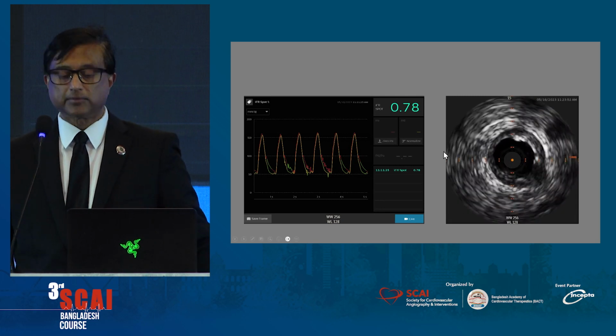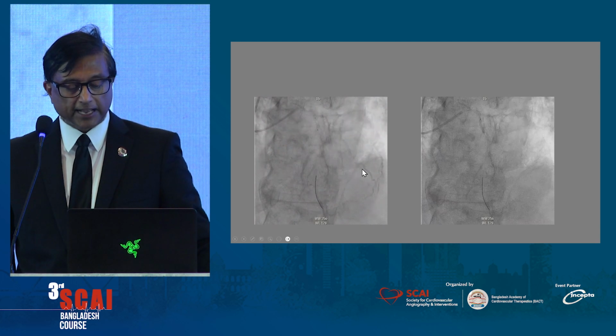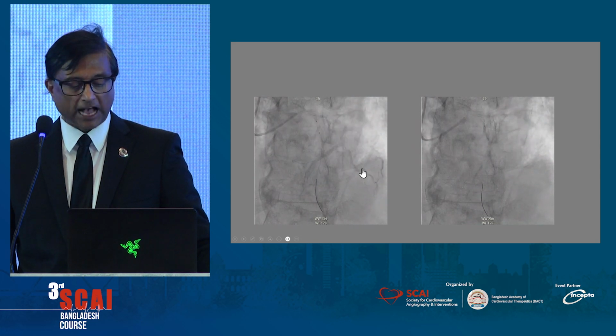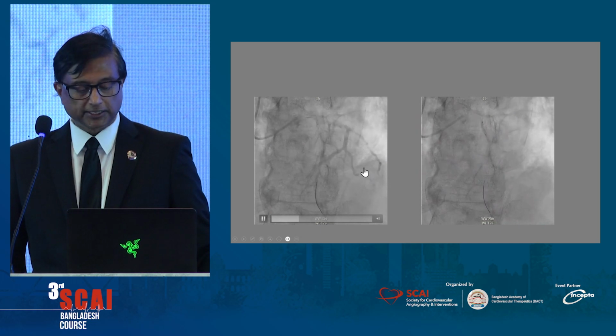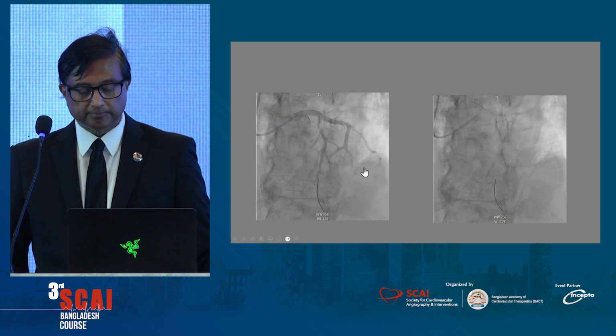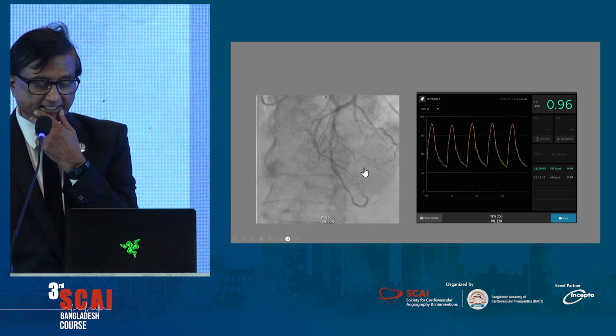This is the iFR before, then IVUS, and then we did the balloon preparation. I did not even try the non-compliant balloon. I used the IVL, and then we did the stent, and then iFR was 0.96.